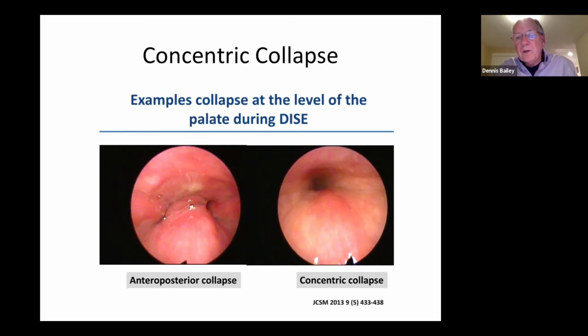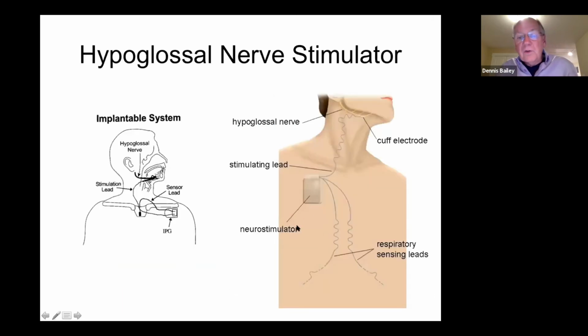And the simple answer is absolutely. And so we need to know, how do we determine that this is occurring when we evaluate a patient for oral appliance therapy?